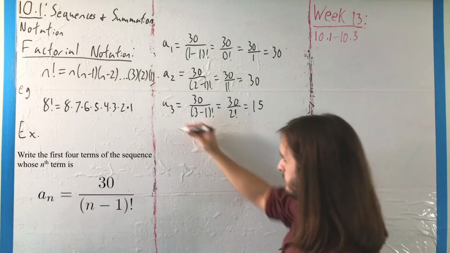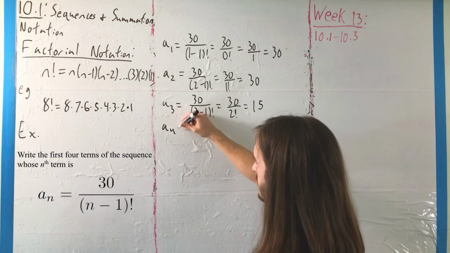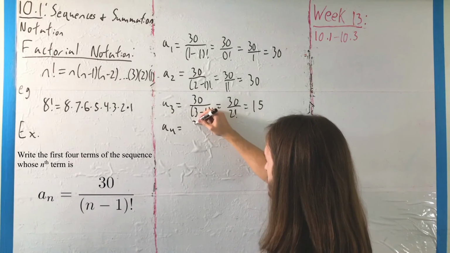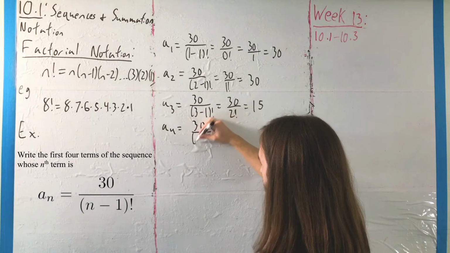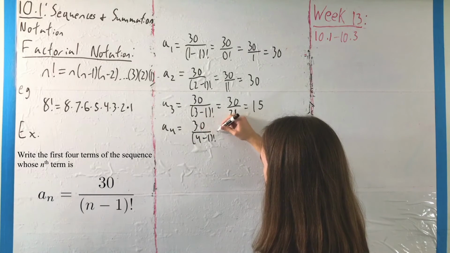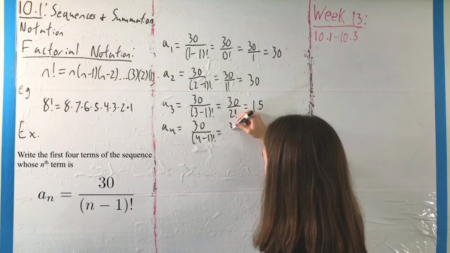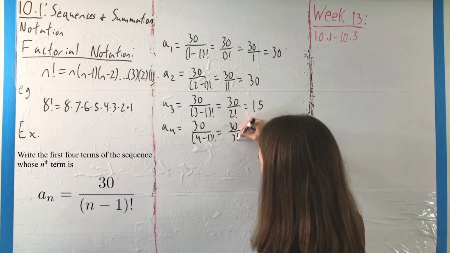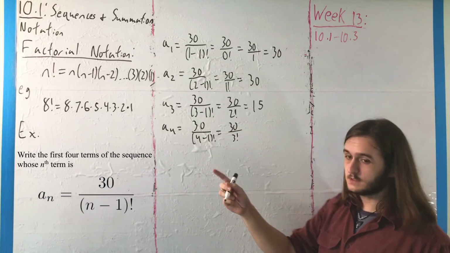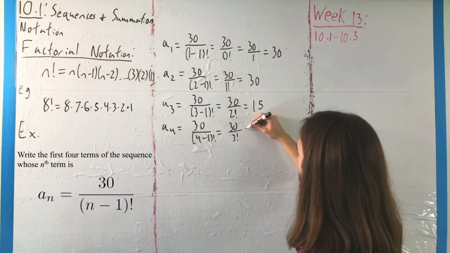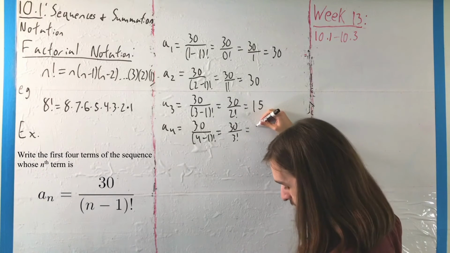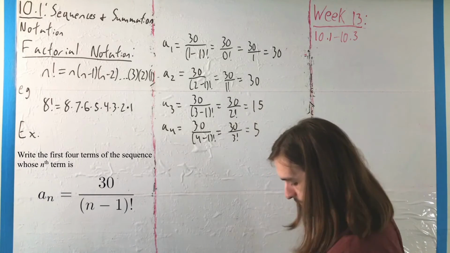And then finally, for a4, we would have 30 over 4 minus 1 factorial, which is 30 over 3 factorial, where 3 factorial is 3 times 2 times 1, or 6. So we would get 30 over 6, or 5.